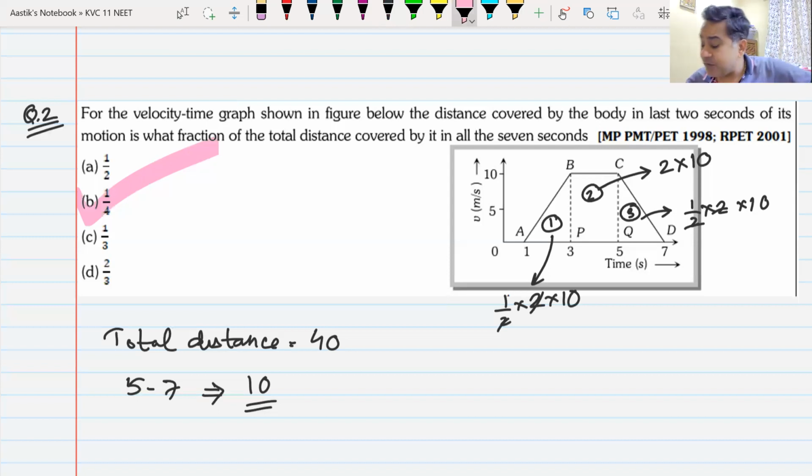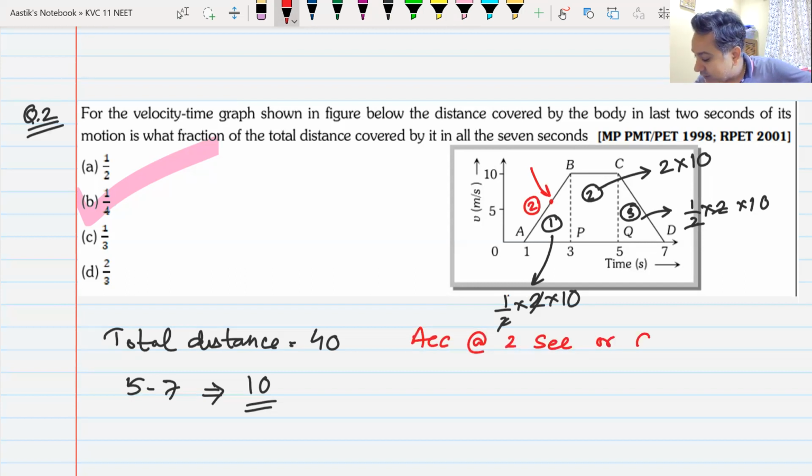Now if I would have asked you in this question, what is the acceleration from A to B? Or what is the acceleration between 1 and 3 seconds? Or I could have asked you, what is the acceleration at 2 seconds?